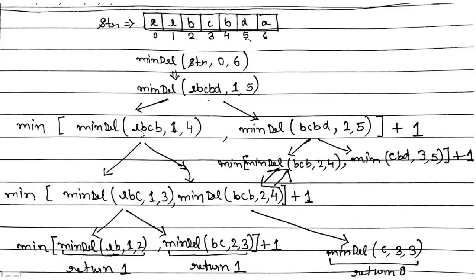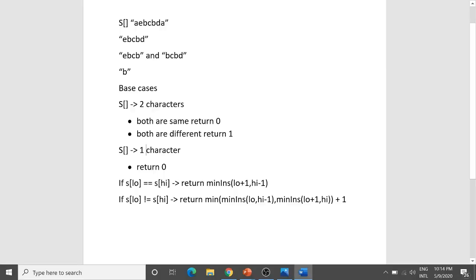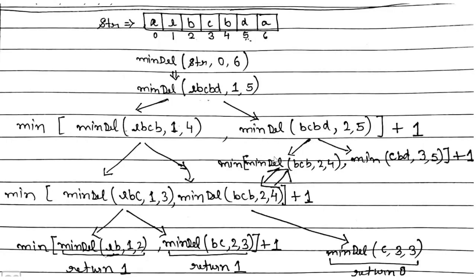Because to convert EBCB into a palindrome, I just need to delete 1 character. This solution to this problem, 1, signifies that I need to delete only 1 character in EBCB to make it a palindrome, and that we can see directly over here. What I need to do, if I need to convert EBCB into a palindrome, I just need to delete E. My string becomes a palindrome, and hence we get the answer.